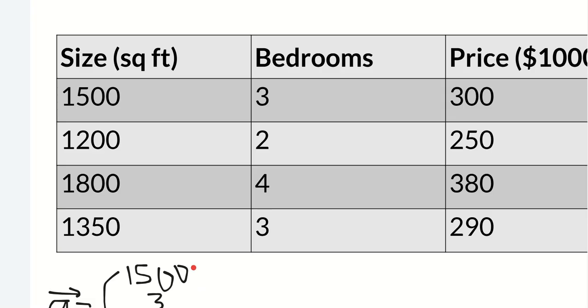All right, which is my first observation. My second observation, A2, can also be represented by 1,200, then 2 over here, then 250, right?